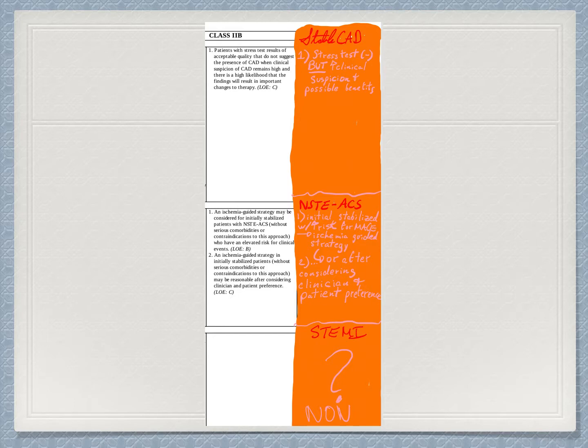And 2, in these same patients, after consideration by the clinician and patient preference, taking into account these subjective decisions. And in the context of STEMI, there are no 2B recommendations.